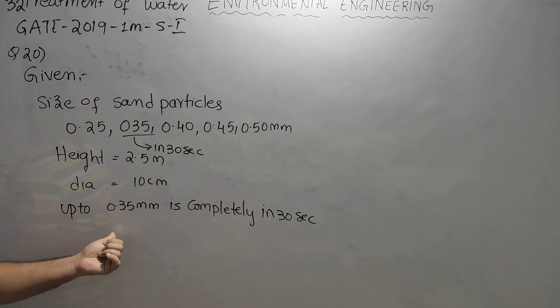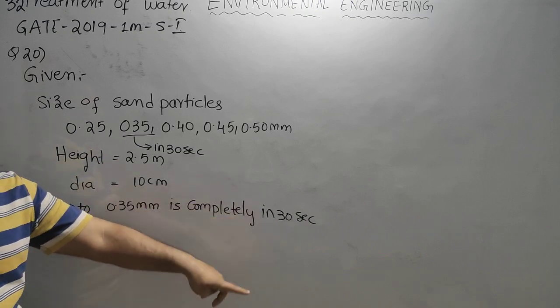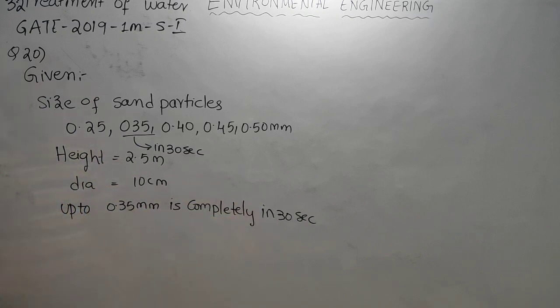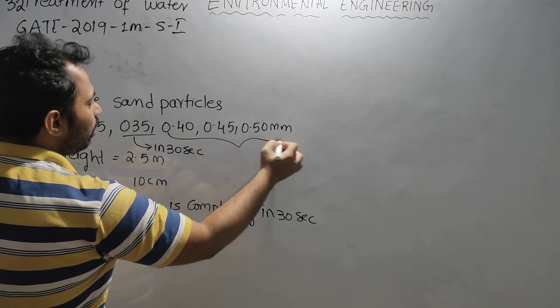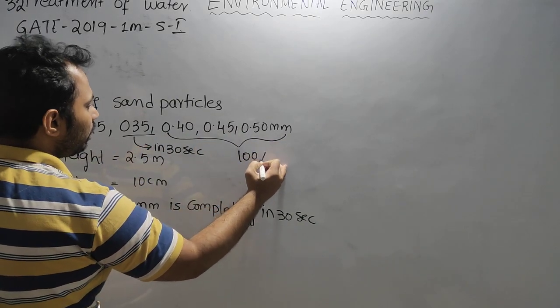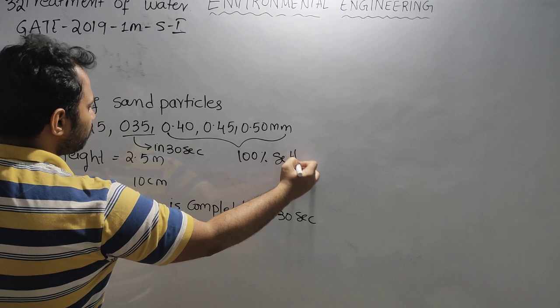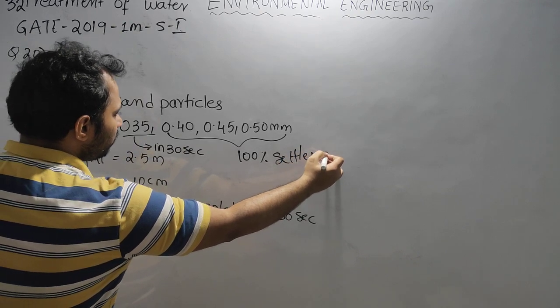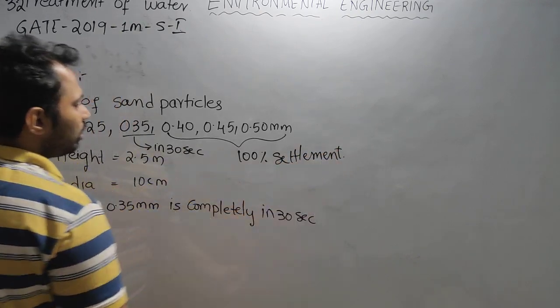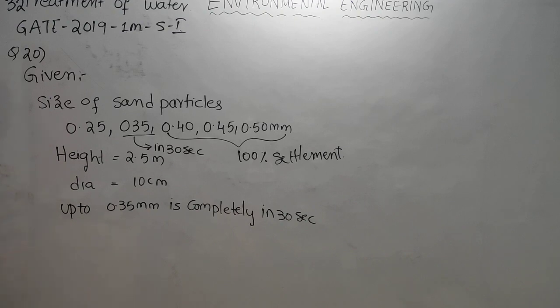So in 30 seconds all of these will 100% settle. The answer is simply 100% removal for 0.45 and 0.5 mm.